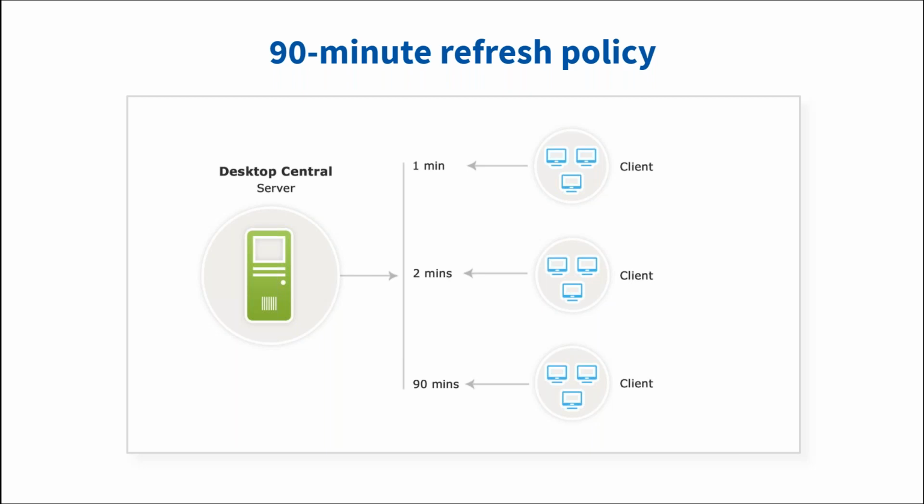For example, in a network of 90 computers, one computer will reach out to the Desktop Central server every minute. Similarly, for a 900 computer network, 10 computers will reach the server per minute. And for larger networks like 9,000 machines, 10 computers will reach the Desktop Central server per minute. So using this feature, Desktop Central agents can communicate to the server without any issues or hesitation.